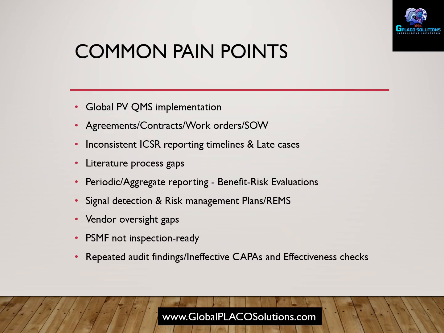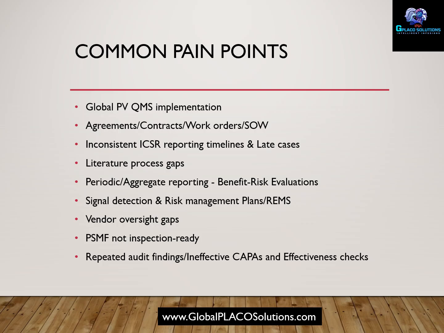This is for the leaders, pharmacovigilance leaders. Most of the pharmacovigilance leaders or the decision makers, they approach the companies with certain pain points. These are commonly the global PV QMS implementation, issues with the agreements, that is SDEA or safety management plan or contracts, work orders and scope of work, issues or challenges with the ICSR reporting timelines and late cases, literature process gaps, periodic or aggregate reporting, mainly benefit risk evaluations.